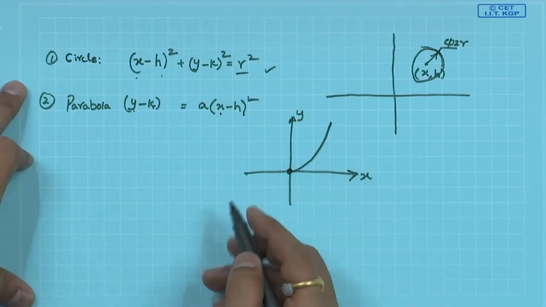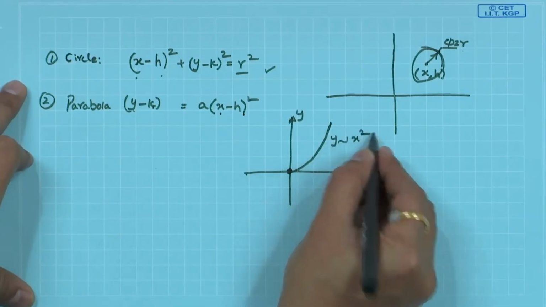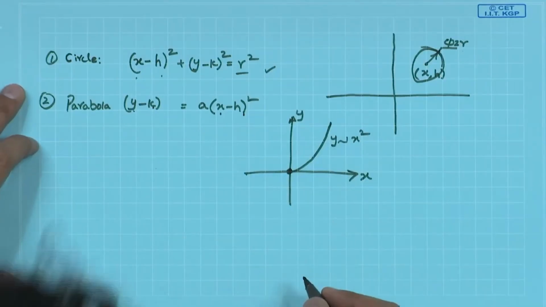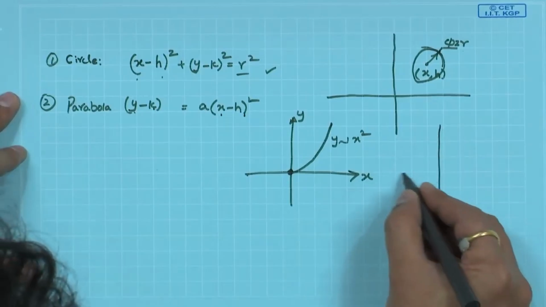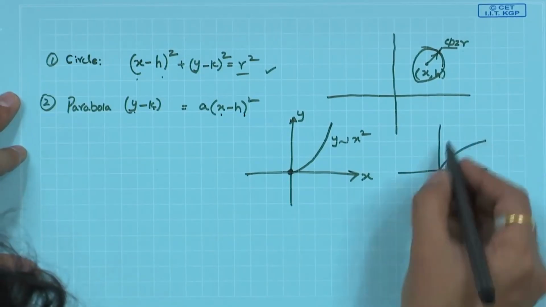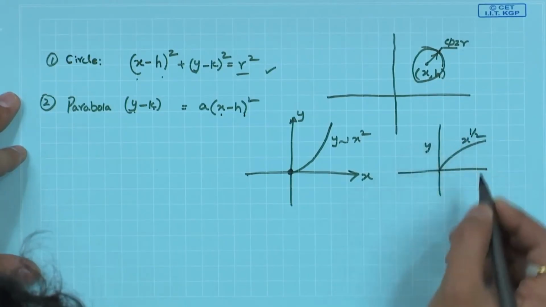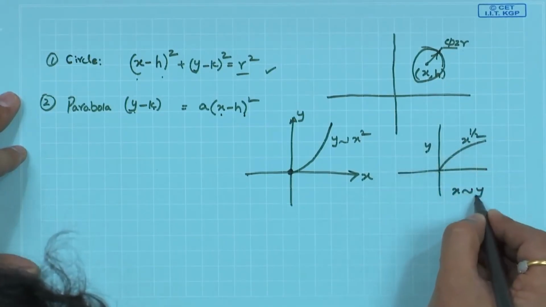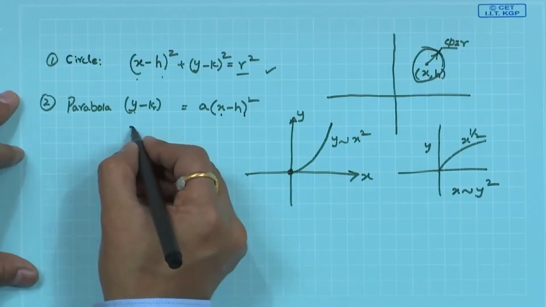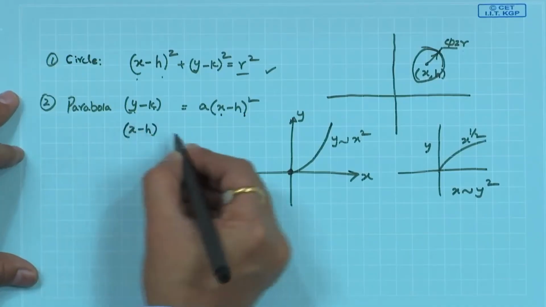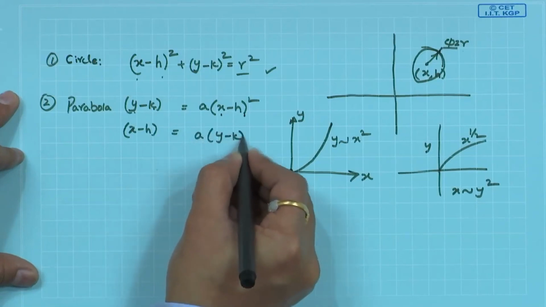So, it passes through this origin, and that equation is y goes like x square. Sometimes there are parabolas where y goes like x power half or x goes like y square curve. For that kind of parabolas, we use x minus h is equal to a into (y minus k) square.